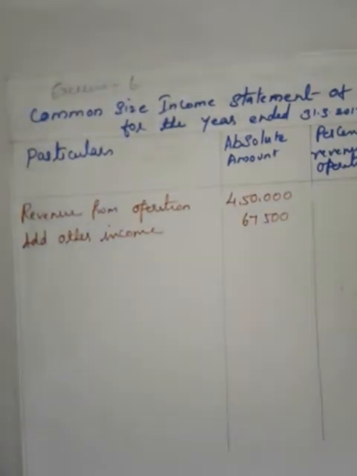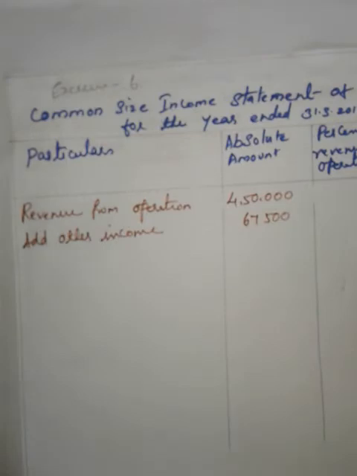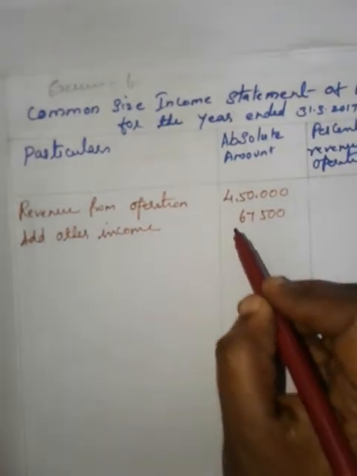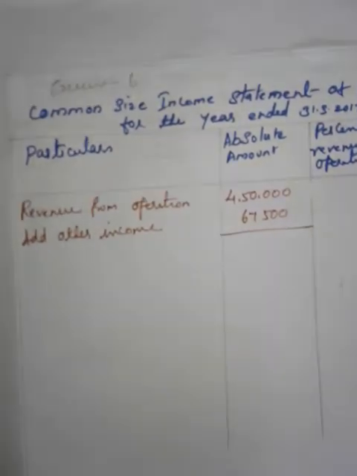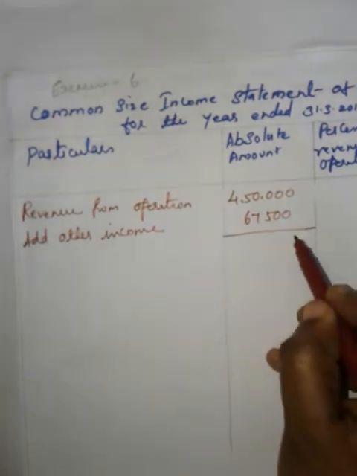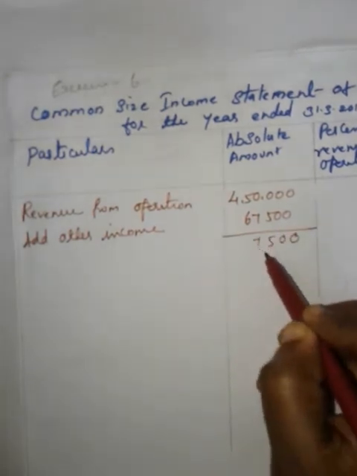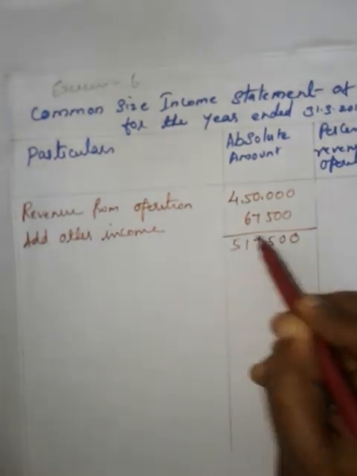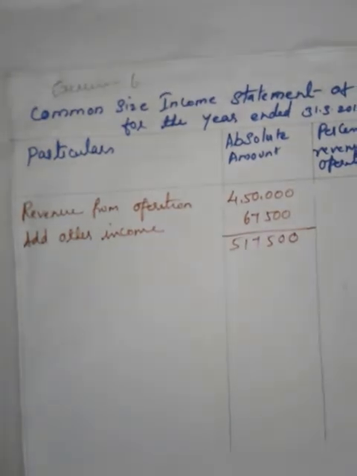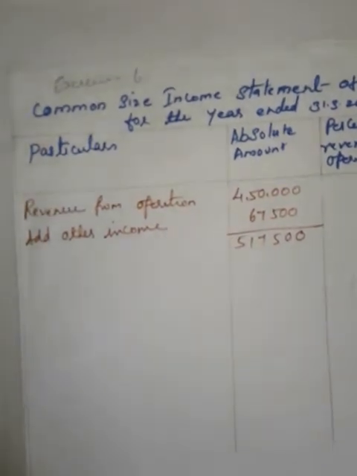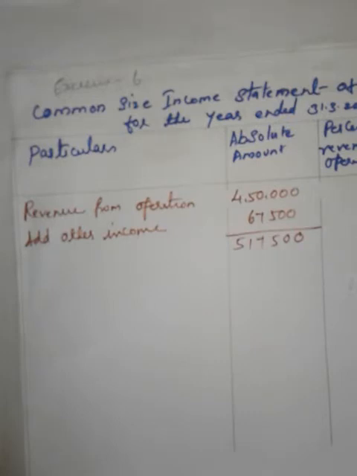Next what we have to do? We have to add. So I am adding these two things, then I am getting 5 lakhs 17,500. What do we have to write for this?